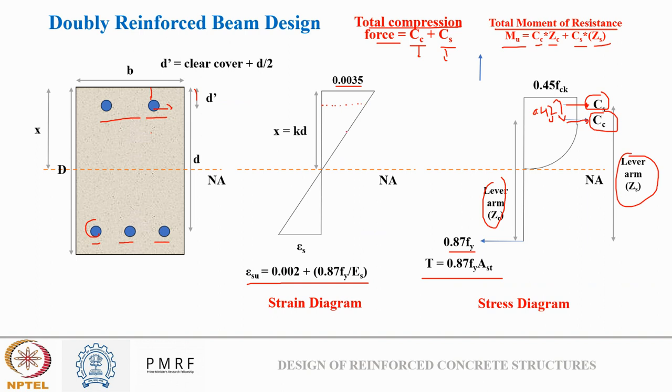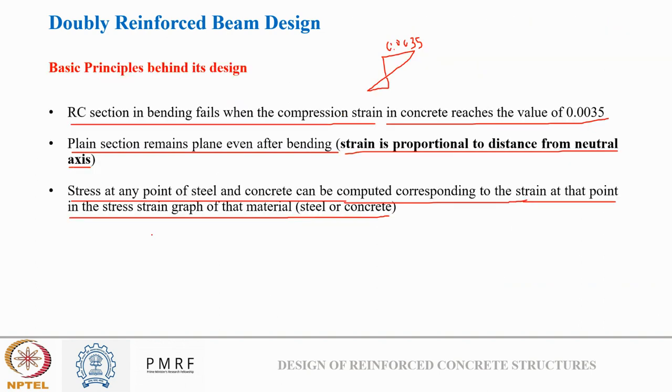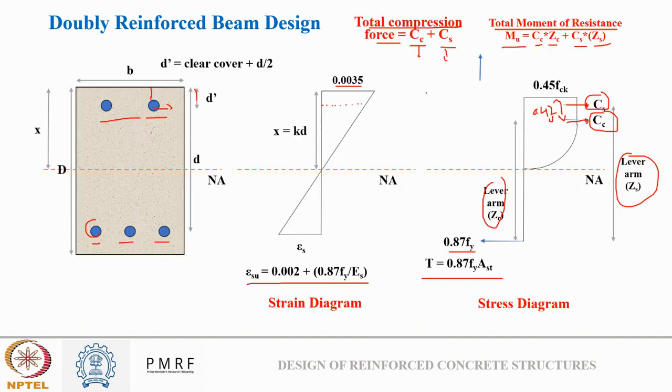We get this value from the similar triangle property, and it may come out a little different from 0.002. This is how the assumption comes into action: stress at any point of steel and concrete can be computed corresponding to the strain at that point. So we need to know the strain acting at the level where the reinforcement is provided, the compression reinforcement.